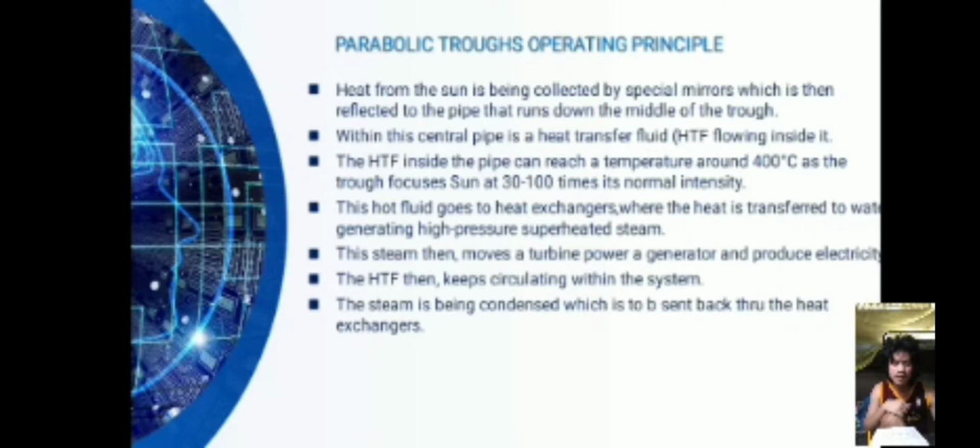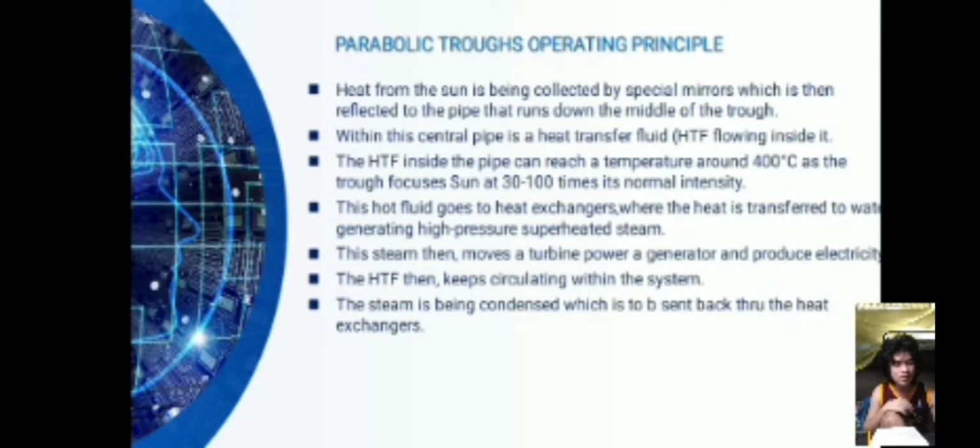So, it collects energy from the sun using mirrors. Within this central pipe is a heat transfer fluid. So, yun nga, within dun sa central pipe or sa tube is merong siyang heat transfer fluid na flowing inside it. So, na umaagos sa gitna nun.